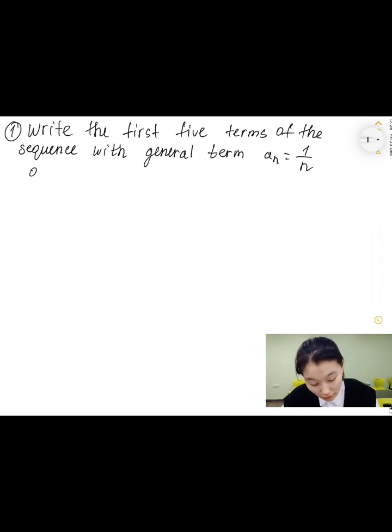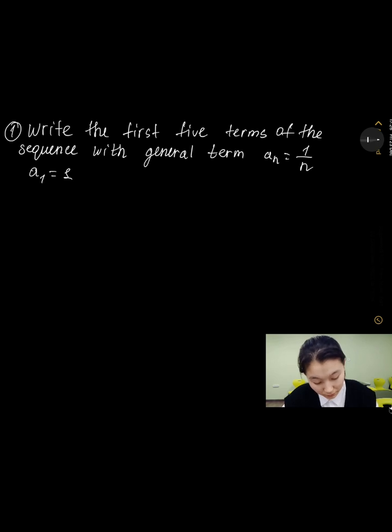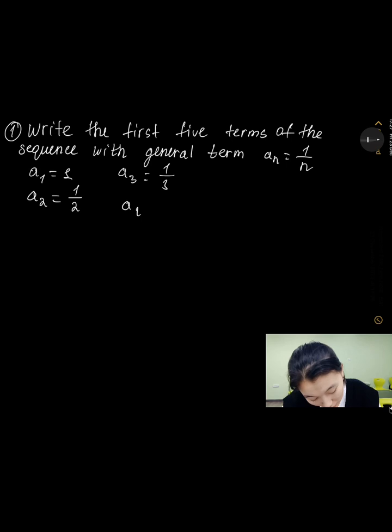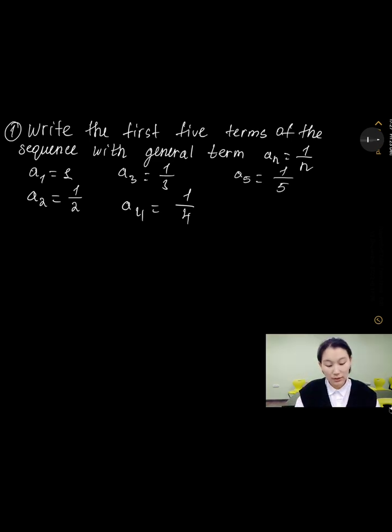Here a1 equals 1, and a2 equals 1 over 2, a3 equals 1 over 3, a4 equals 1 over 4, a5 equals 1 over 5. Do you get it? Yes, you get it.